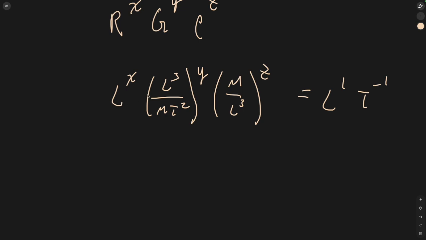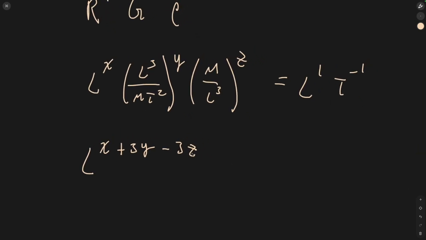So combine all these L's here. We have L to the X and then we times L to the, so that's going to be plus 3y, and then minus 3z.